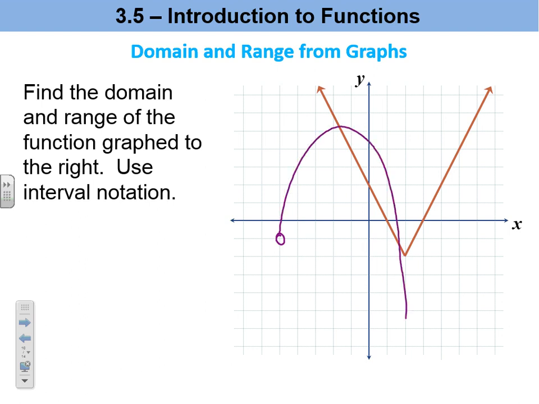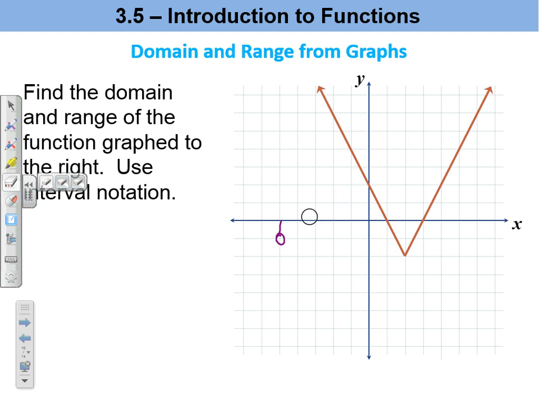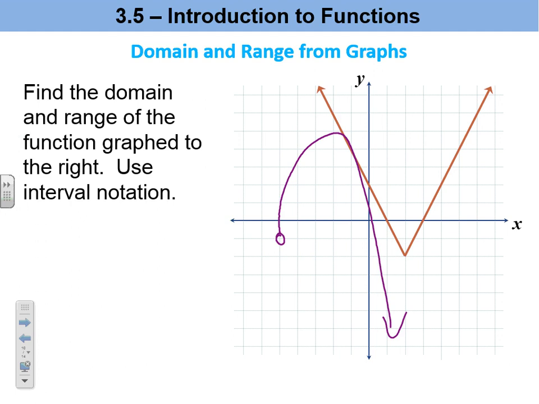Let me clean that up just a little bit because I'm not thinking too clearly about where I want it to stop. All right, let's start again right here. So let's go right there and then turn around and come back. Okay, so something quadratic, and let's see how it goes.